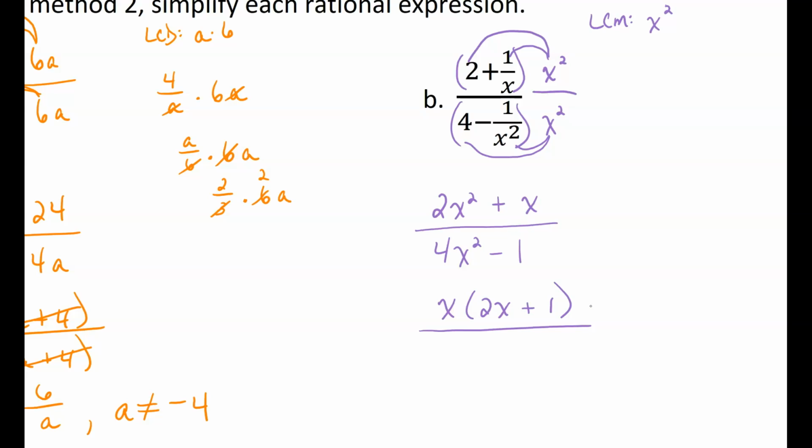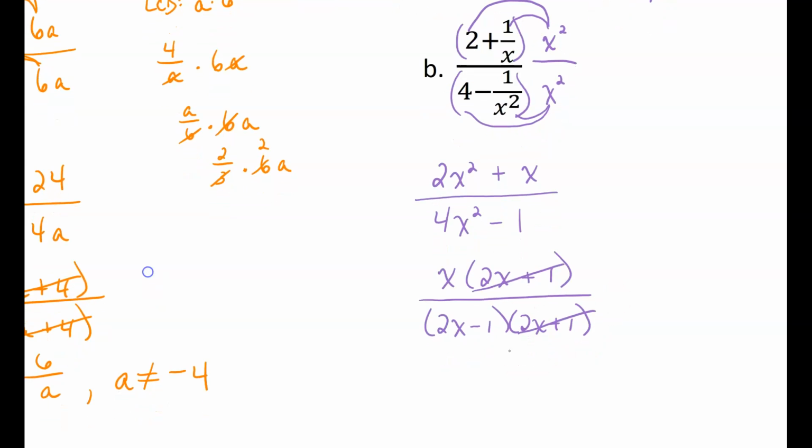So the difference of 2 perfect squares, what's that going to factor into? 2x minus 1, 2x plus 1. And isn't that beautiful? Now I have a common term here and here, which I can divide out. I'm left with x over 2x minus 1.